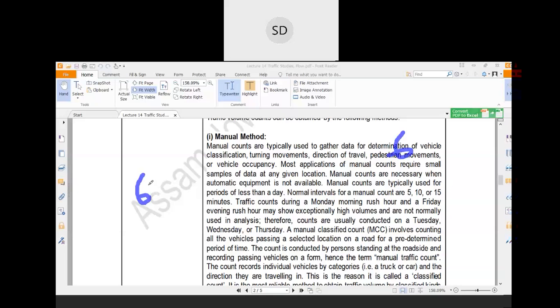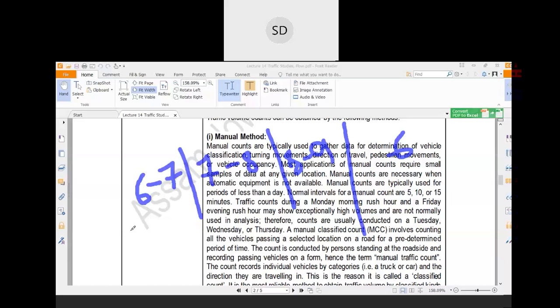You will divide this time into different hours because you need the hourly variation of the data. So here one would be 6 to 7, then 7 to 8, then 8 to 9. Like that you will divide the total duration into hourly durations.